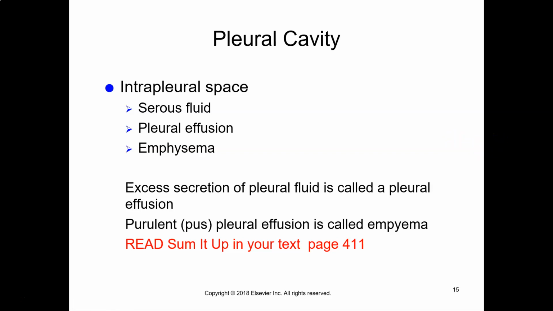And to sum up, air moves through the following structures, from the nasal cavities to the pharynx to the larynx to the trachea to the bronchi, bronchioles, and finally to the alveoli. So please understand that.